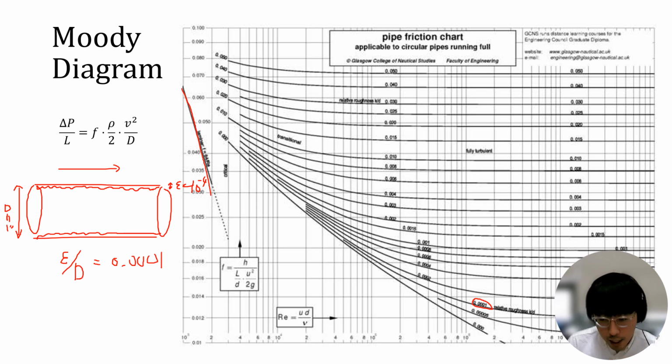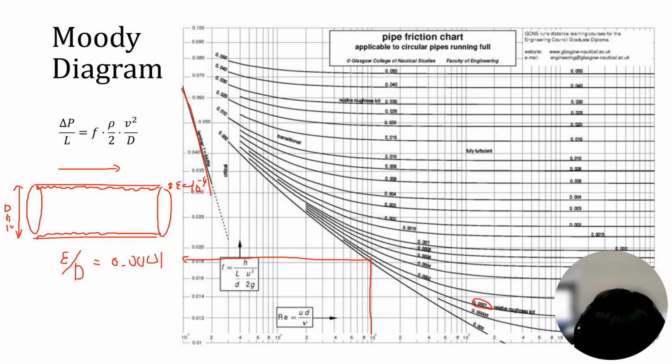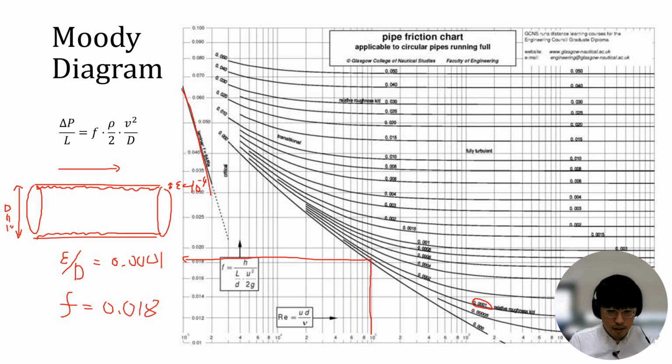So let's say in that specific case, we had a Reynolds number of 10 to the 5. So we got the Reynolds number here, and then we have to find the line that is for the 10 to the minus 4. Then we have to read the corresponding f from here, and that value is about 0.0185. So that's how we can find the friction factor, right?